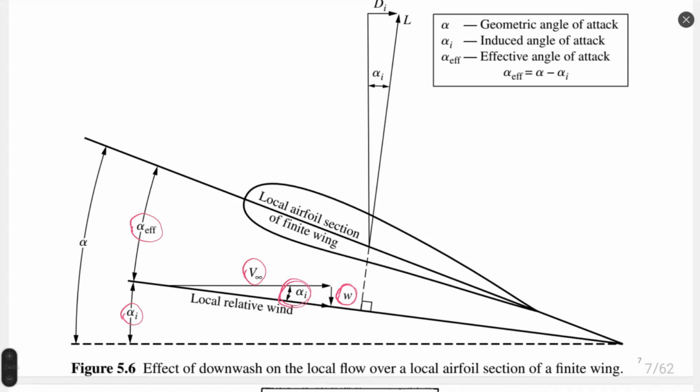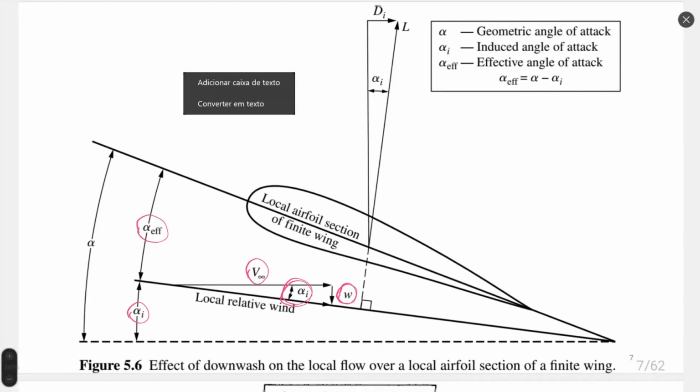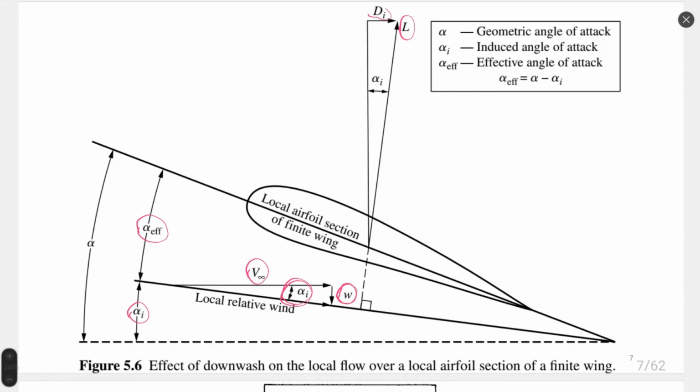For example, here the force diagram is also present. We have a lift force defined, L. We have DI, which is induced drag, and between them we have alpha I, the induced angle of attack. Here lift is not vertical.